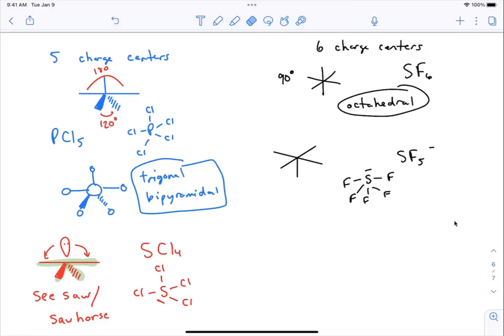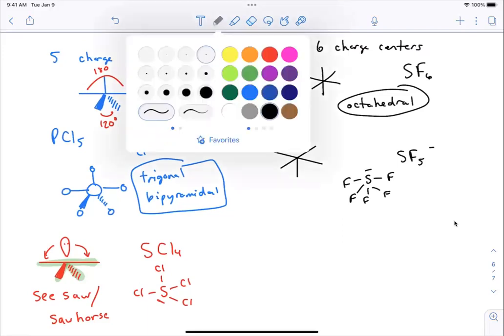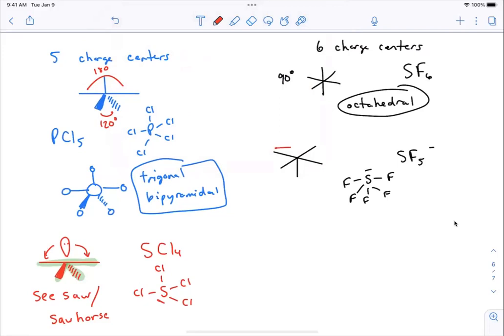Okay, how'd you get that, Arda? How do you see a square pyramid here? Let me rephrase that. I just want to make sure that everyone sees what that is. It's square pyramidal because the top 4 make a square, and it comes to a point.